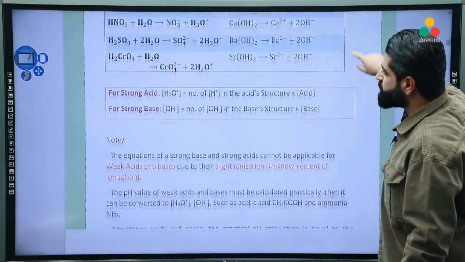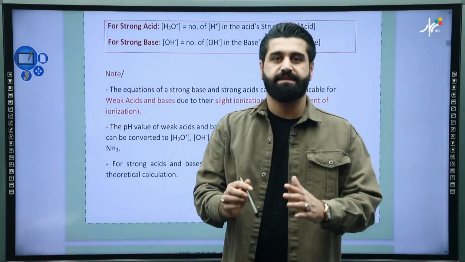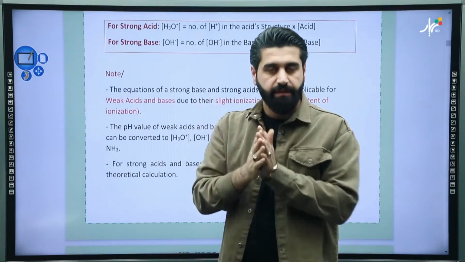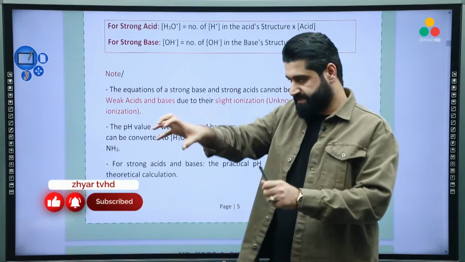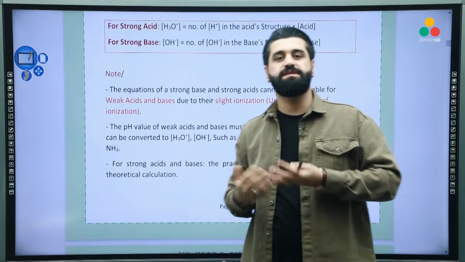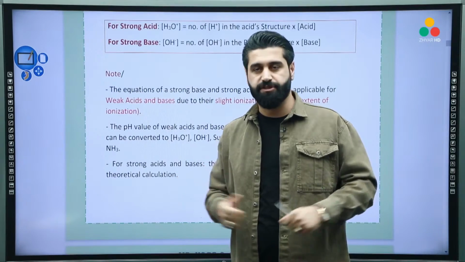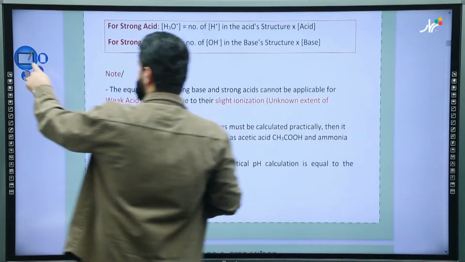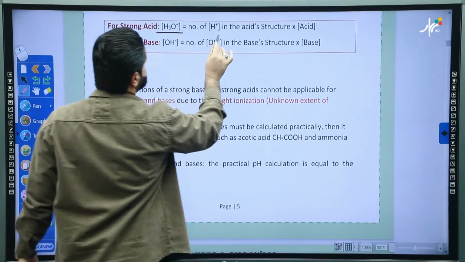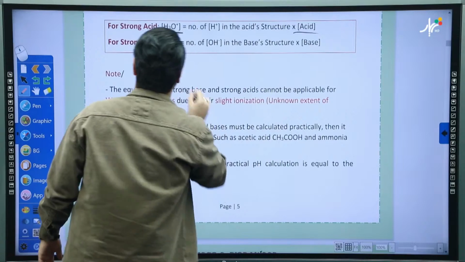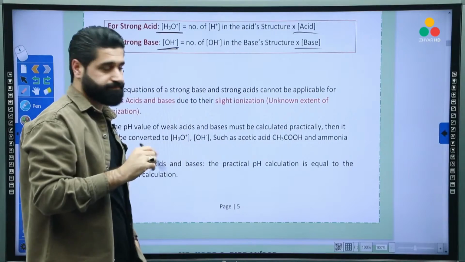So this time we are going to calculate H3O and OH, but according to the concentration. Do you remember, last lecture I told you we can get H3O using OH, or we can get the value of OH using H3O concentration. But this time, no. This time, we are going to calculate H3O based on the concentration of the acid, and OH according to the concentration of the base.